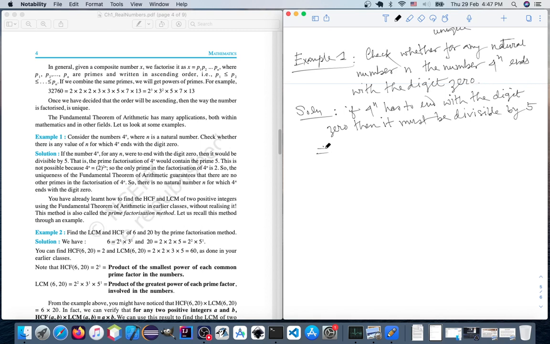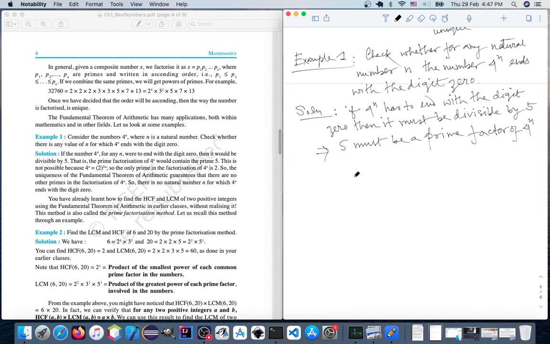This implies that 5 must be a prime factor of 4 to the power n.